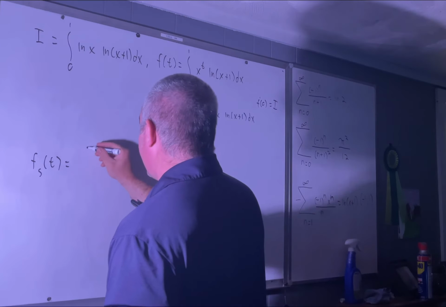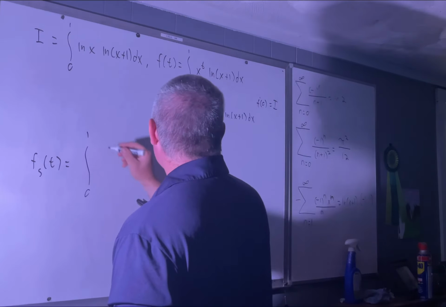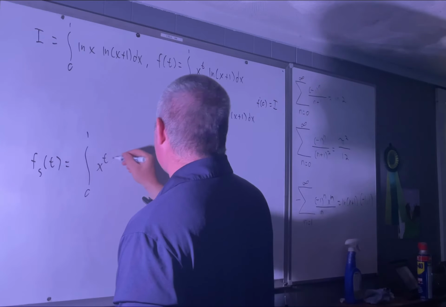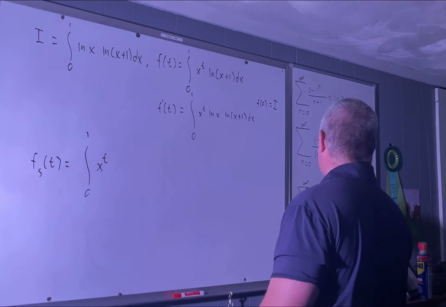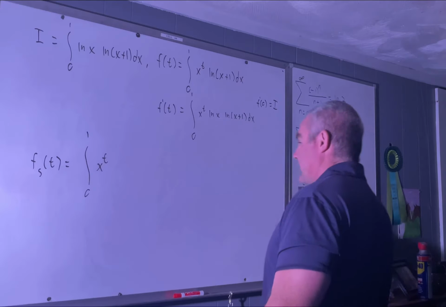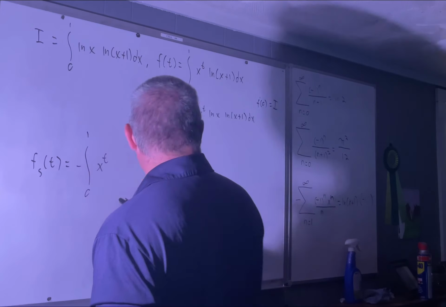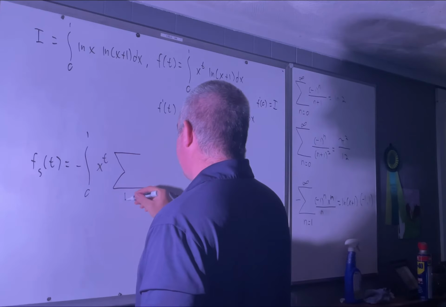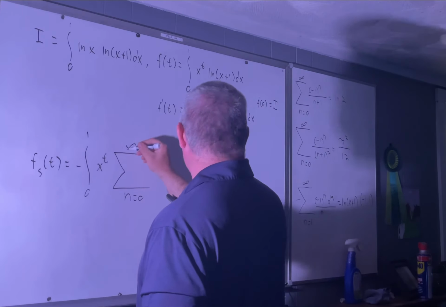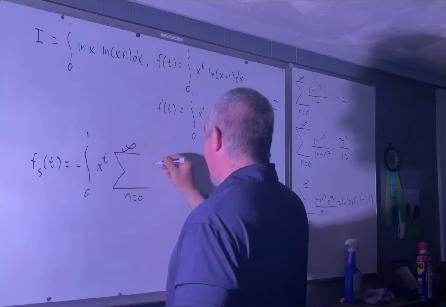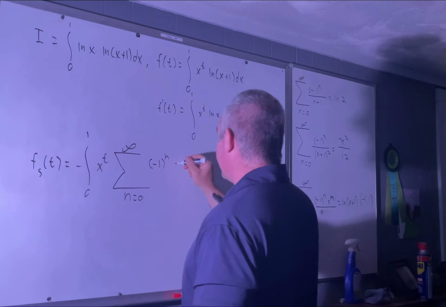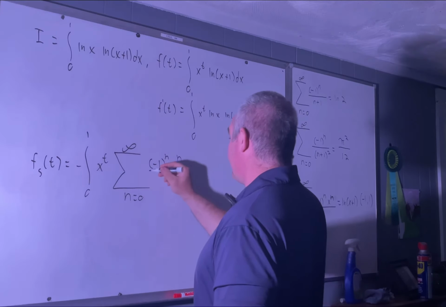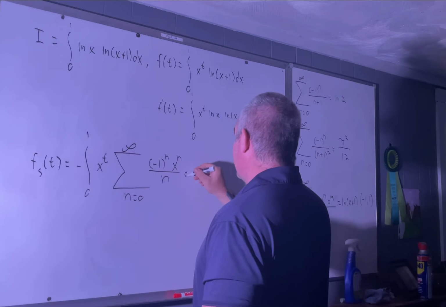So we're still going to have the integral from 0 to 1. We'll have x to the t, but in place of the natural log of x plus 1, we'll have this sum right here. So we'll bring out the negative sign. We'll have the sum going from 0 to infinity of negative 1 to the n times x to the n over n dx.